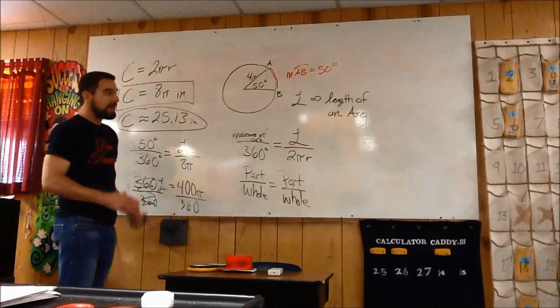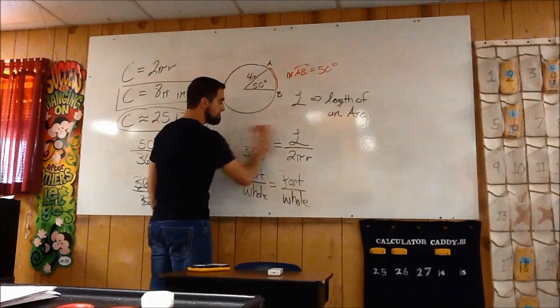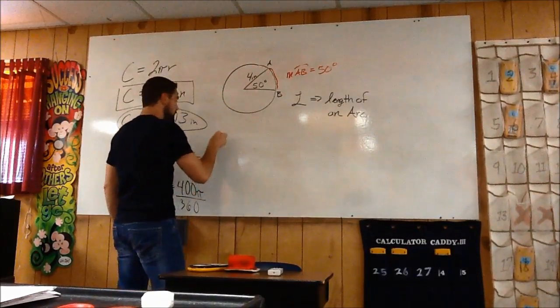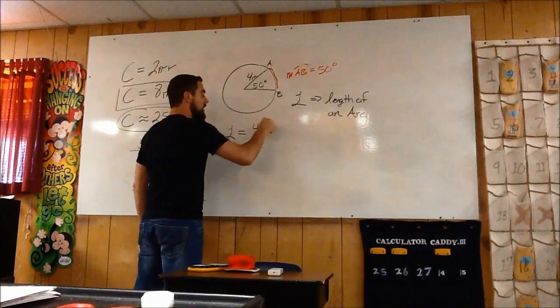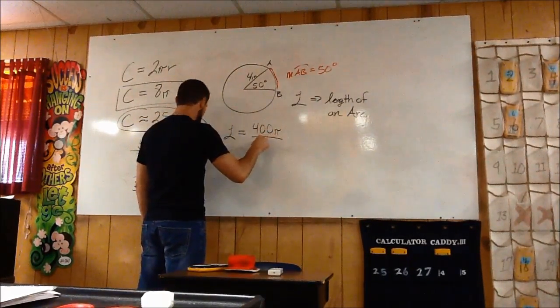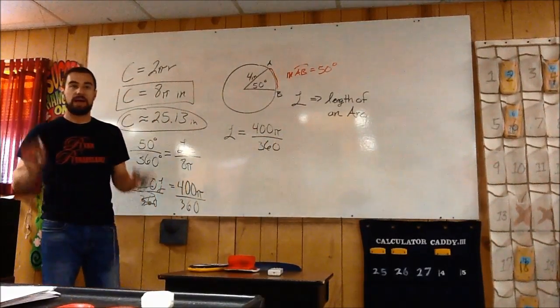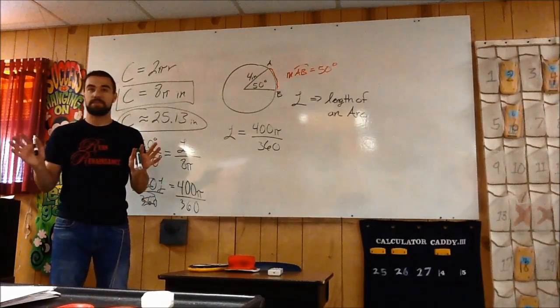Now, on the right-hand side, I've got this value, 400 times pi divided by 360. How many times have I touched my calculator while I've been doing this problem?